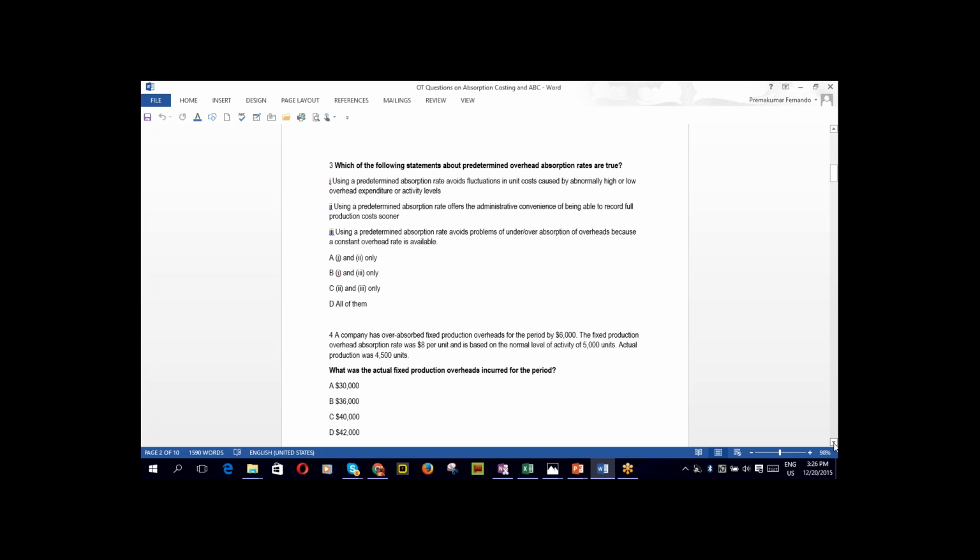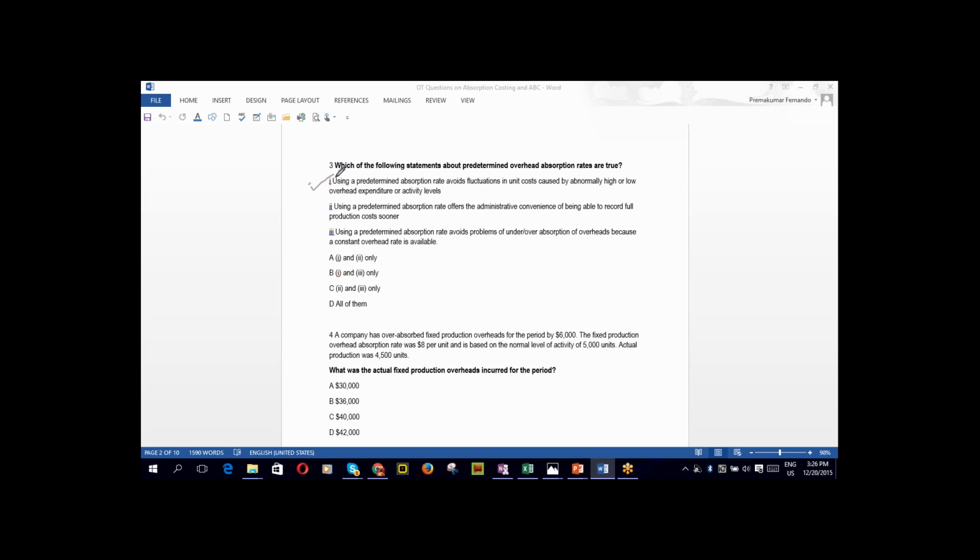We go by a predetermined rate for some period because we don't want the costing to change every month. So this is right. Otherwise, every month your cost is going to change. One month cost will go up, second month the cost will come down. That is not good for business. So number one is right.